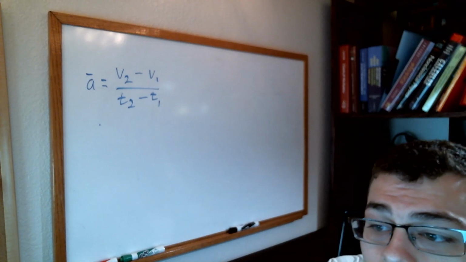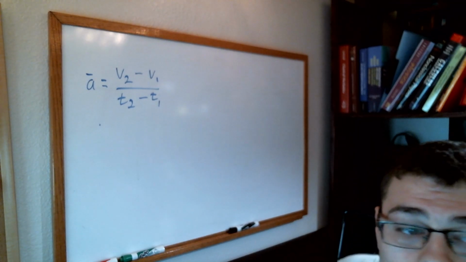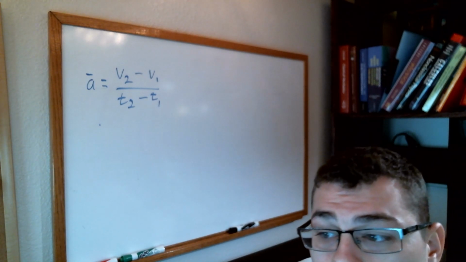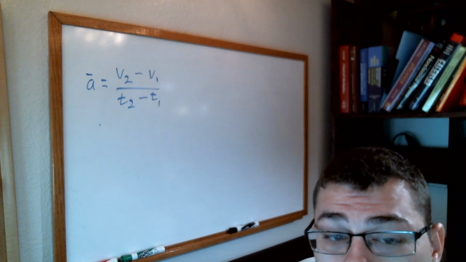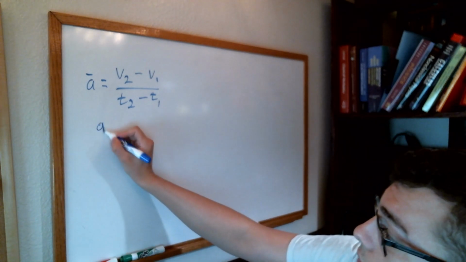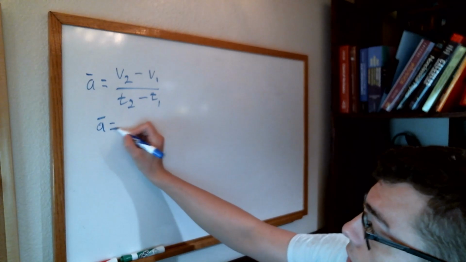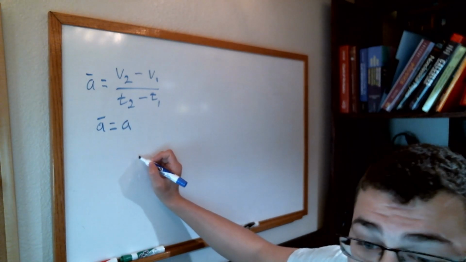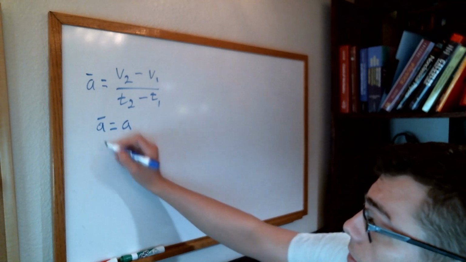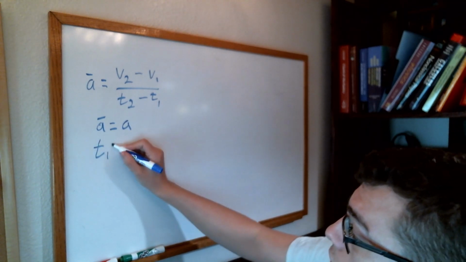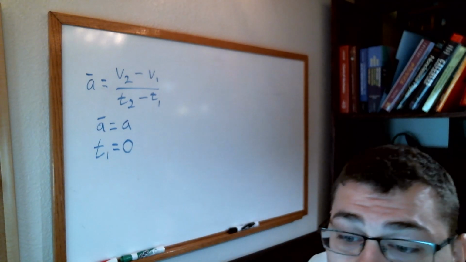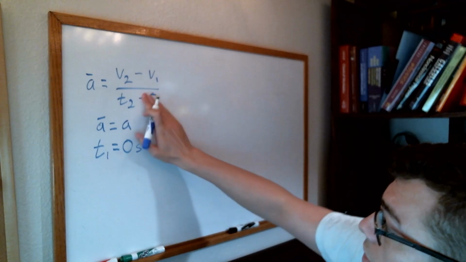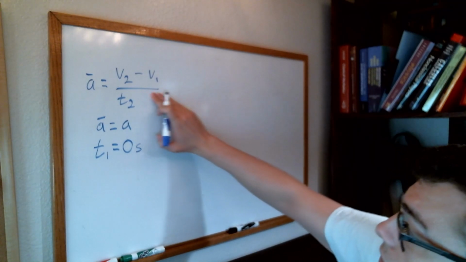Okay, so now with our first equation for acceleration here, we're going to assume a constant acceleration, and so we can say that a bar is just equal to a in this case, because the acceleration is going to be the same no matter what the time is. We're going to say that t1 is our initial time, and we're going to take that as time equal to 0 seconds, which allows us to cancel that out.